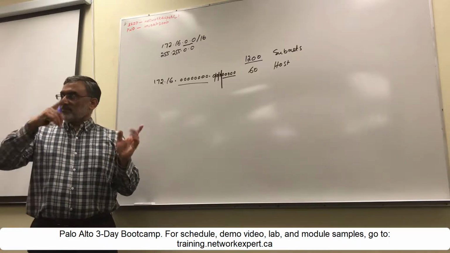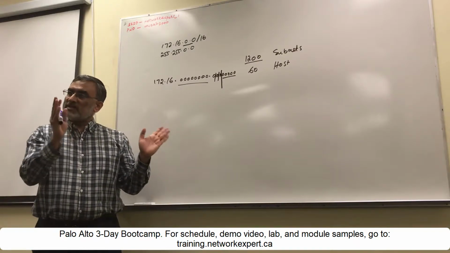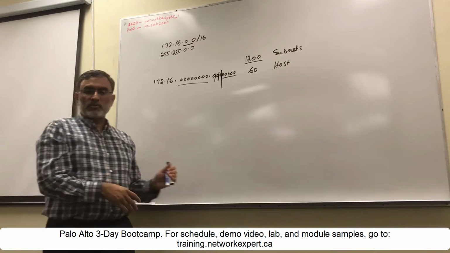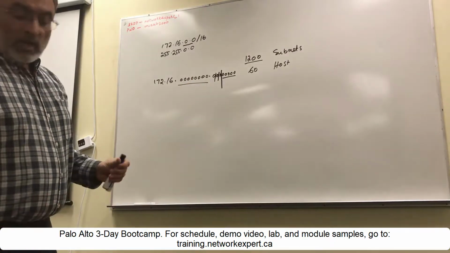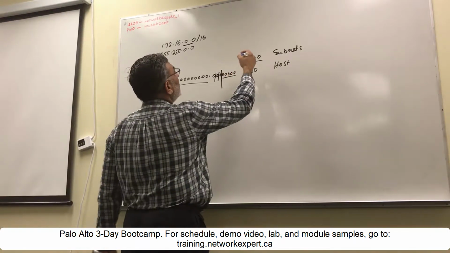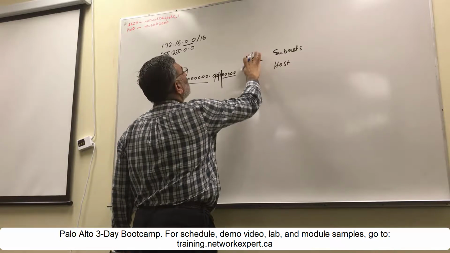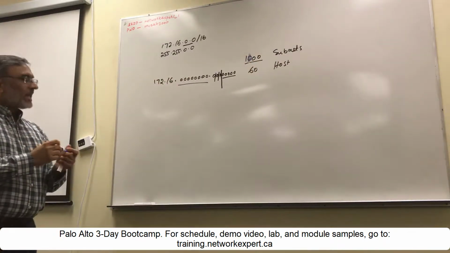So that means your requirement should actually be given by someone who knows the stuff, right? Let's make it reasonable, and I can change it. Let's say we have 1000 subnets with 60 hosts.